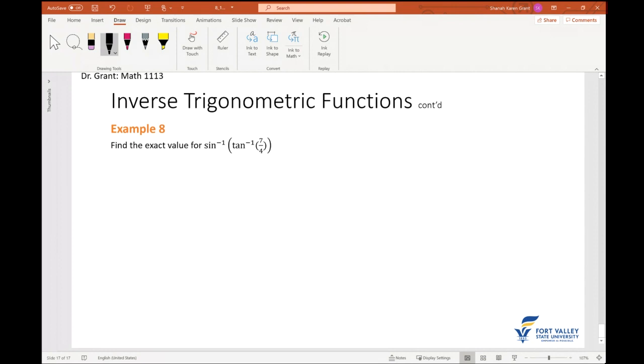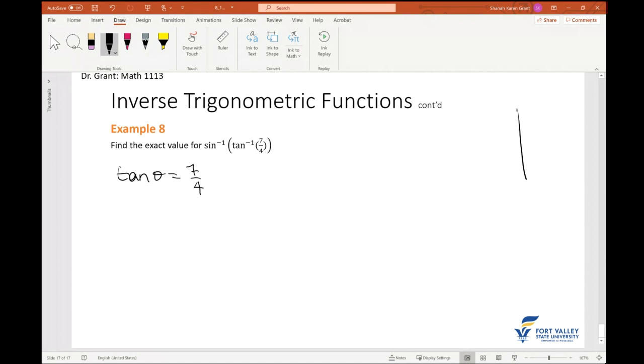What about this problem here, where we want to find sine of tan inverse of 7/4? Well, we can do the same thing that we just did. Looking at the inside, we know that tan of theta equals 7/4.